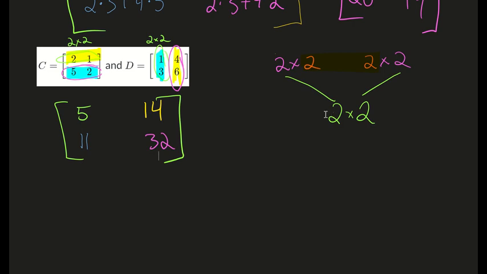So then let's take a look at multiplying matrices that are two different sizes. We need to check first to see if this is even possible. So write out your sizes first. M has 2 rows and 3 columns. N has 3 rows and 2 columns.